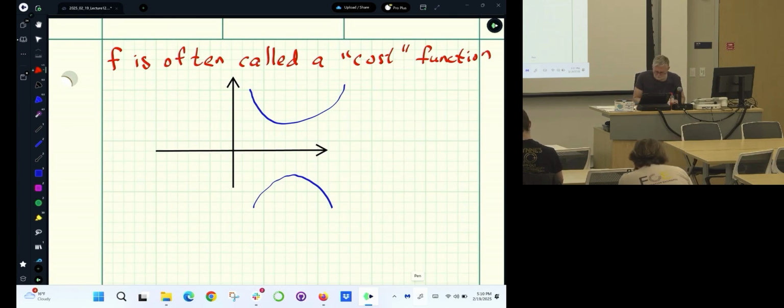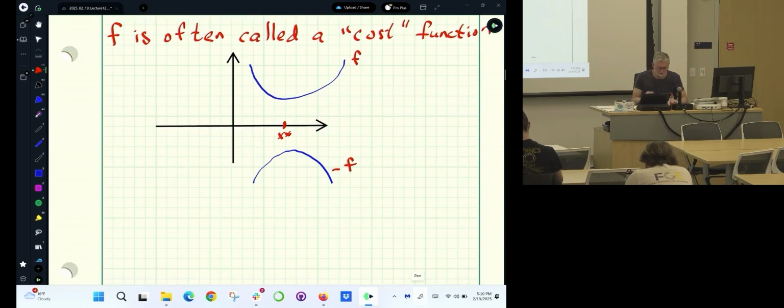Hopefully one looks like the mirror image of the other. It's almost, okay. My x star is not identically lined up, but what I'm trying to illustrate here is that if I minimize this function, it's the same thing as maximizing the negative of the function. The cost has the opposite sign, but the x star that minimizes f is the same as the x star that maximizes minus f.